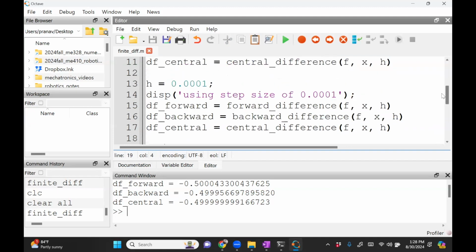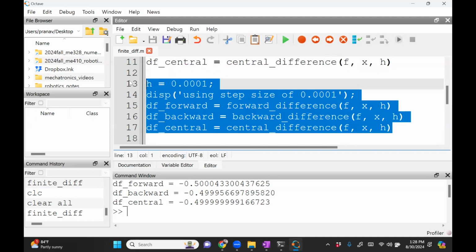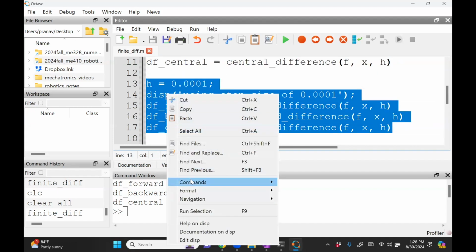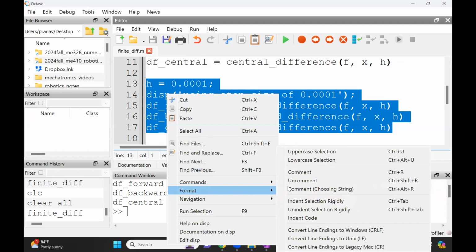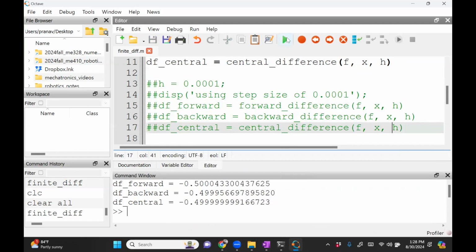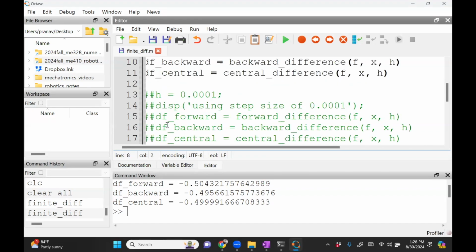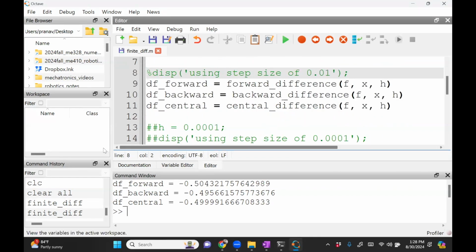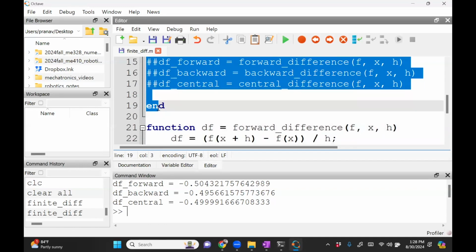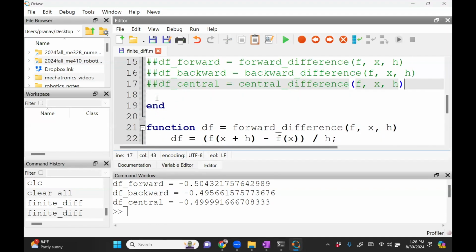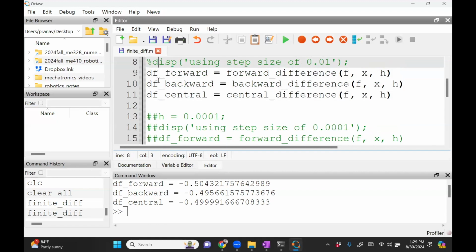Control R is comment. Yeah, and it didn't even print that disk. Let's go back and see if maybe the disk is causing the problem.